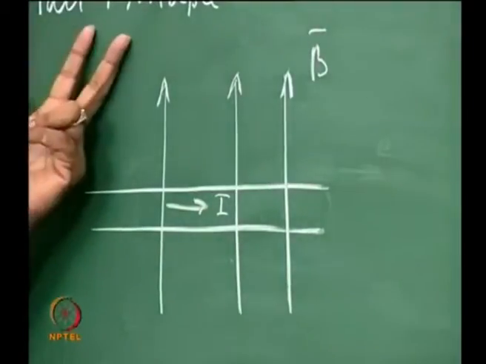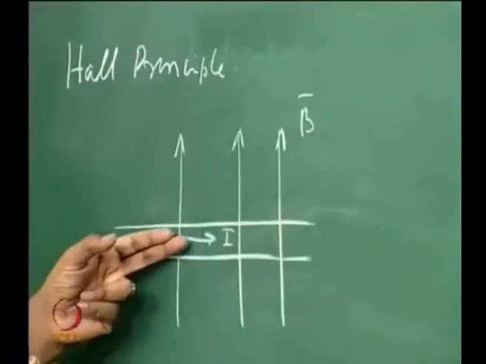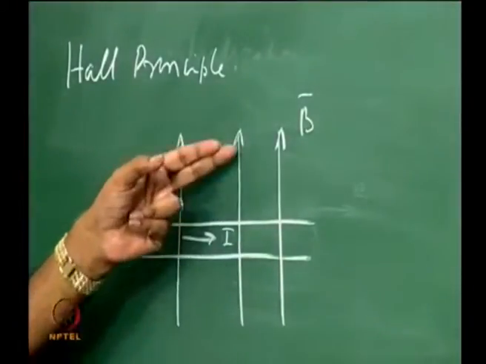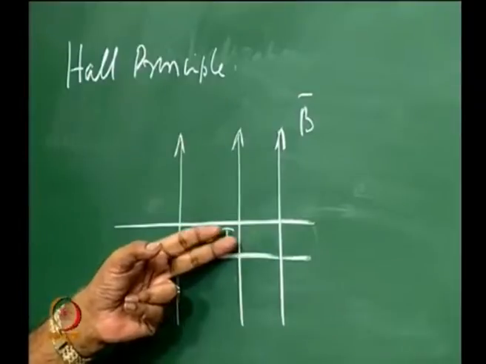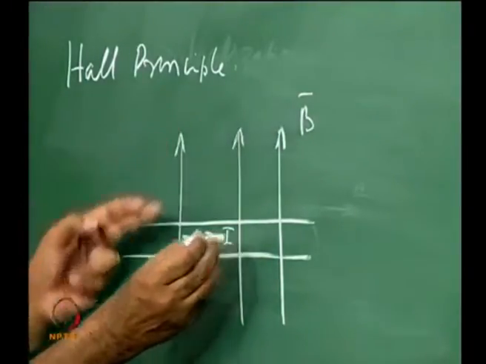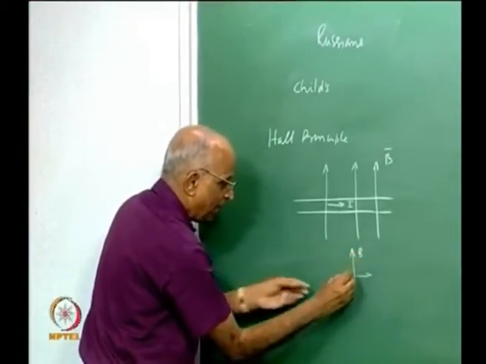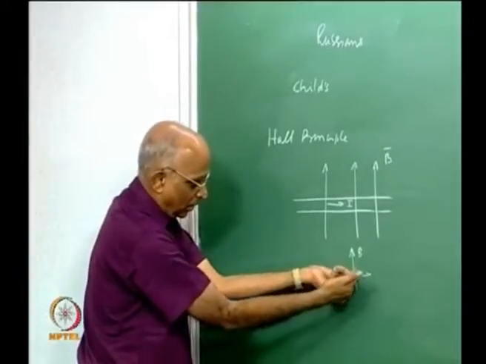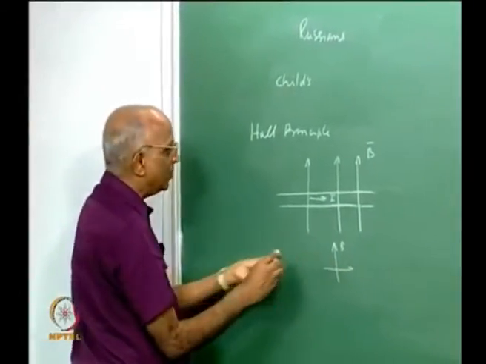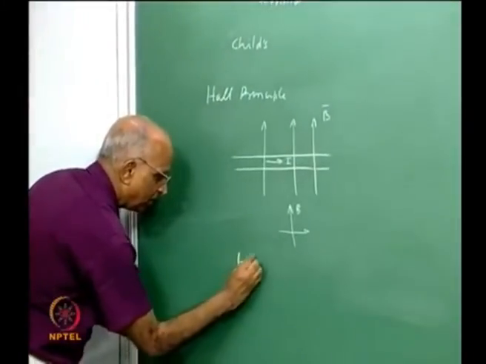Then the Hall principle states that when a conductor carrying a current is placed normal to a magnetic field, a voltage is generated normal to both the current and the field. In other words, if I pass a current like this in a field B, I generate a voltage normal to both, and this is known as the Hall principle, or the Hall effect.